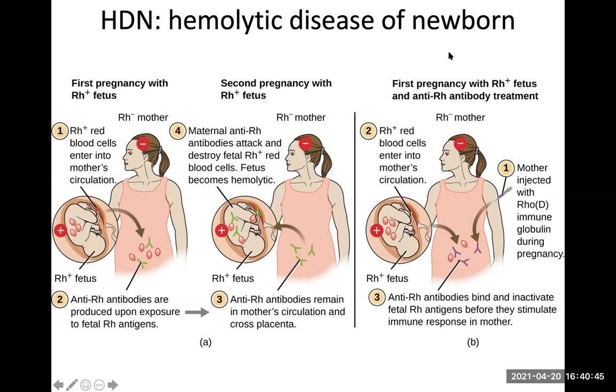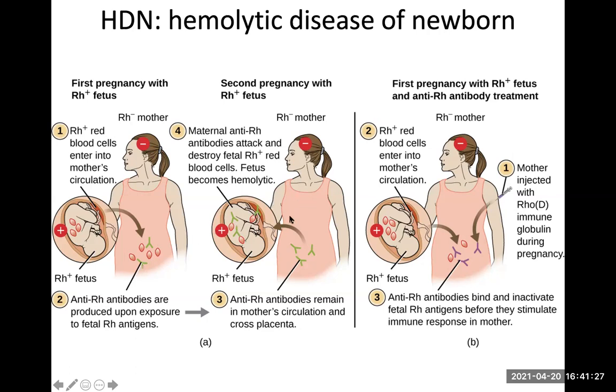So if a mother is Rh minus, but the dad is Rh positive, there's a chance that the baby can be Rh positive. So what happens the first time an Rh minus mother is pregnant with an Rh positive fetus? This baby is fine and healthy, but during the birthing process, during delivery, the mother gets exposed to this baby's blood from the placenta, and she'll make some antibodies.